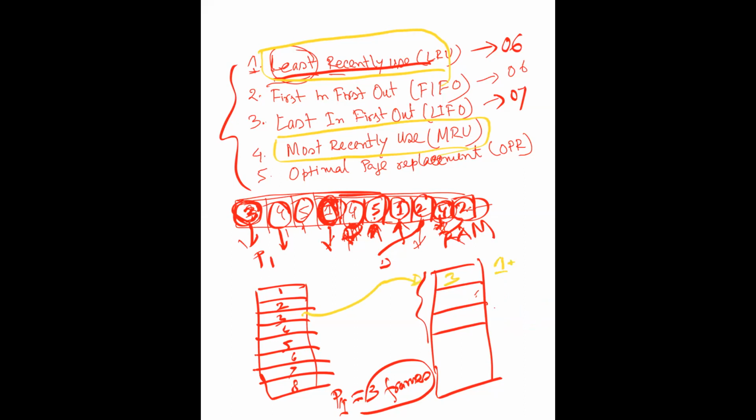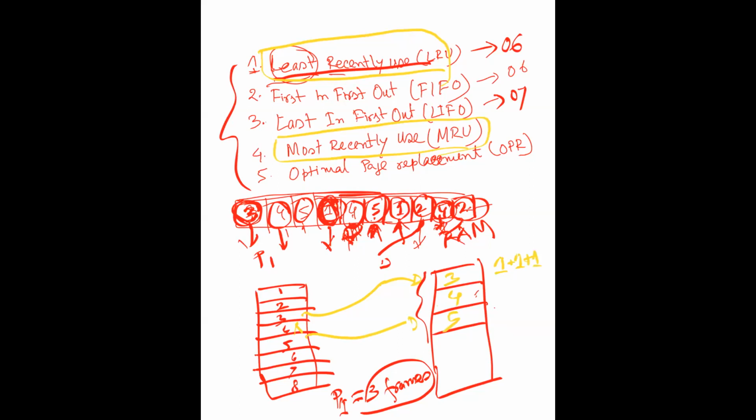Then page 4 is not inside the RAM, so there is one page fault. So page 4 is in here. The OS allocates memory for page 4 in this slot, and then page 5 is also not available, so page 5 also allocates memory in this slot. Also one page fault.